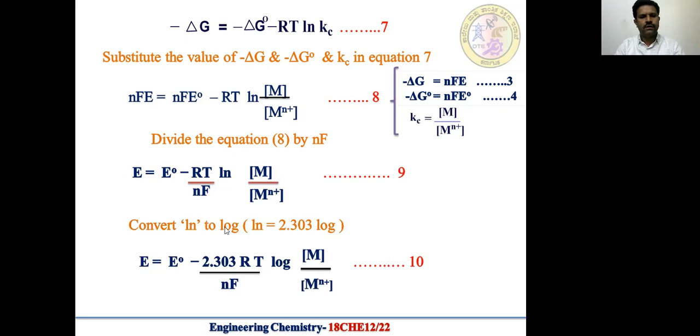Next, if we convert natural logarithm into log, we multiply by 2.303. Then equation 9 can be written as E is equal to E naught minus 2.303 RT divided by NF log of the concentration of M divided by the concentration of M n plus. This is equation number 10.